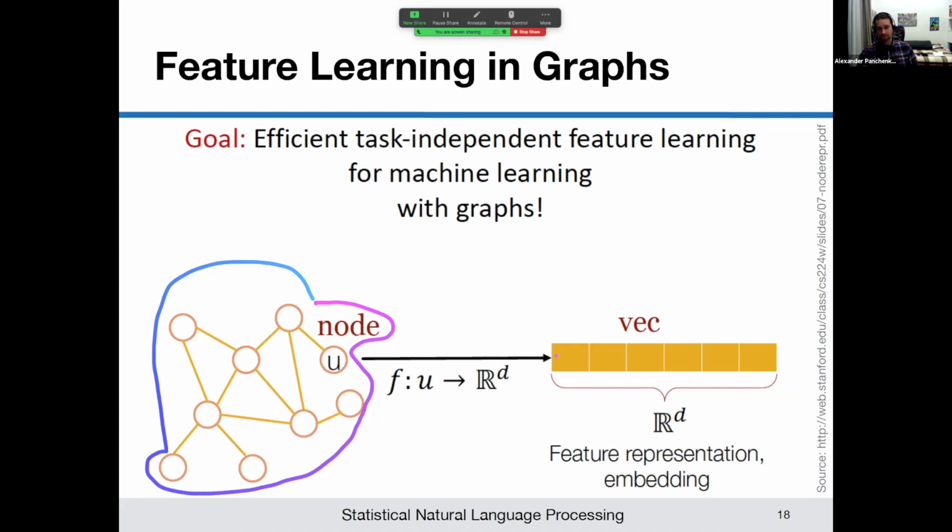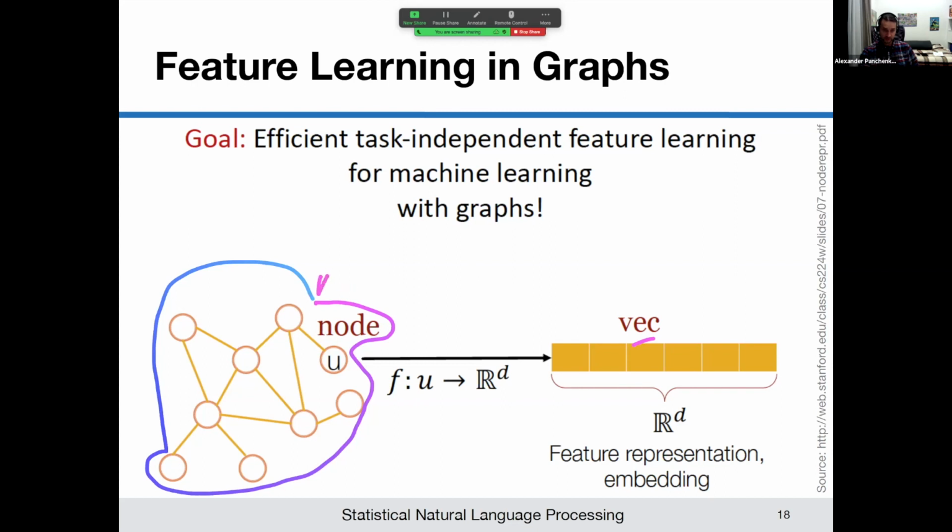These feature vectors, you can think of them as Word2Vec embeddings, right? You have some word, you can obtain a vector, perform a lookup of its features, and then do something useful with it. So the same idea would be applicable to graphs.